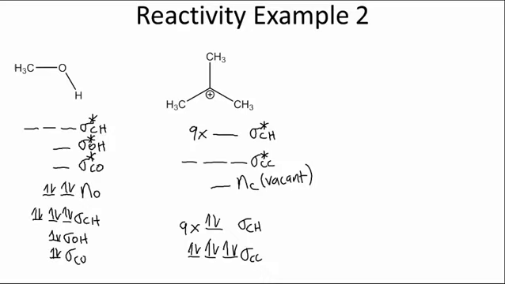So if we had to guess what our best donor and best acceptor in this case would be, what are they? Yeah, this is the lone pair on the oxygen is going to be the best donor. And then the vacant p orbital on the carbon is going to be the acceptor.